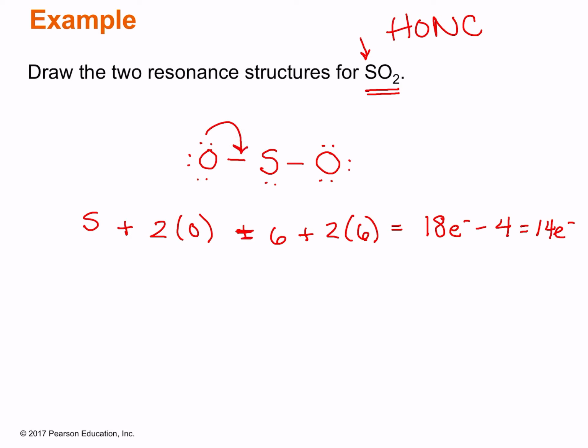So we'll do the one on the left first. So here's our one resonance structure. And then we could have done the one on the right instead. So then it would look like this.